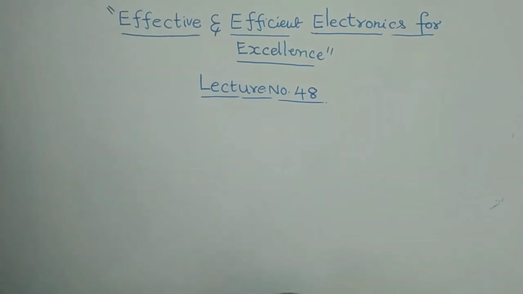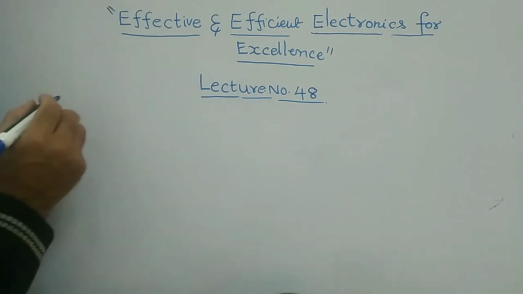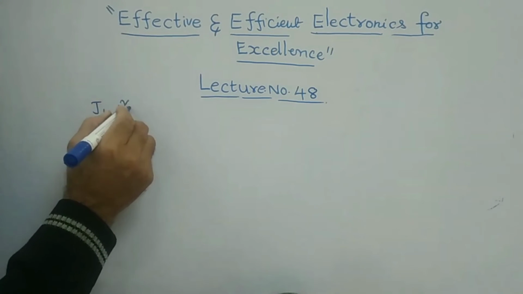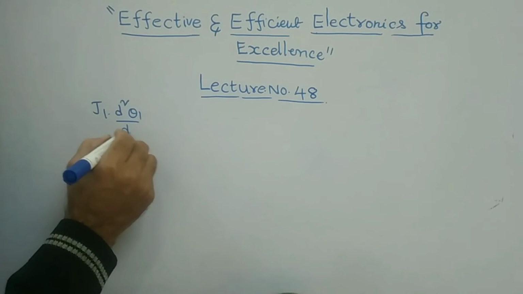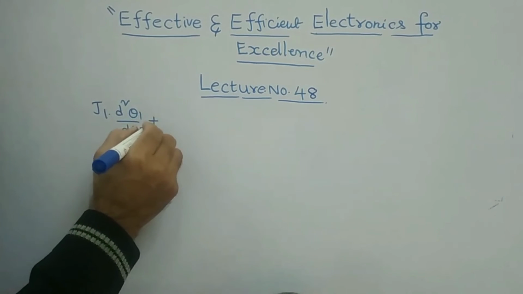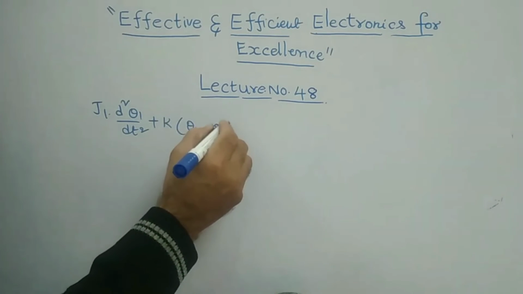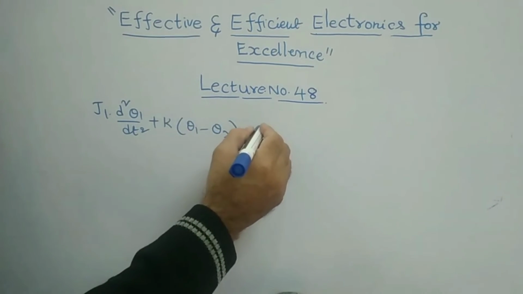The first expression is J1 into d square theta 1 by dt square plus k into theta 1 minus theta 2 is equal to your torque.